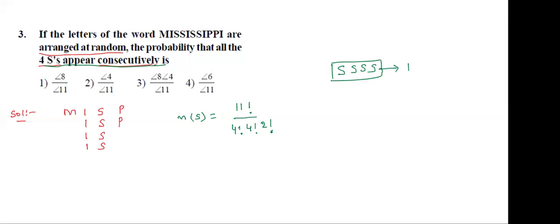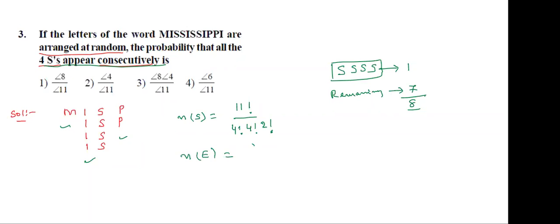Now how many letters remain? Tell me. Remaining, except the S's: 4 I's, 2 P's, 1 M. 4 plus 3, total 7. 7 plus 1, 8.